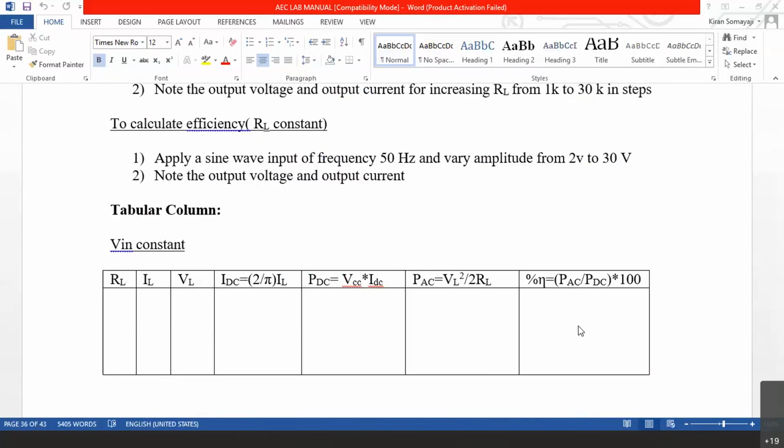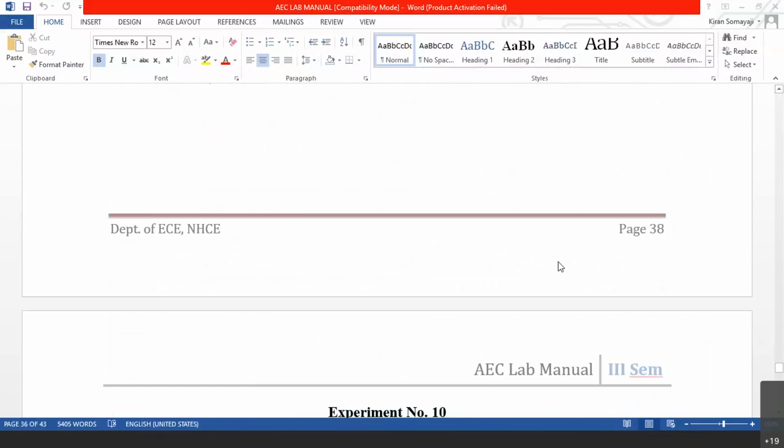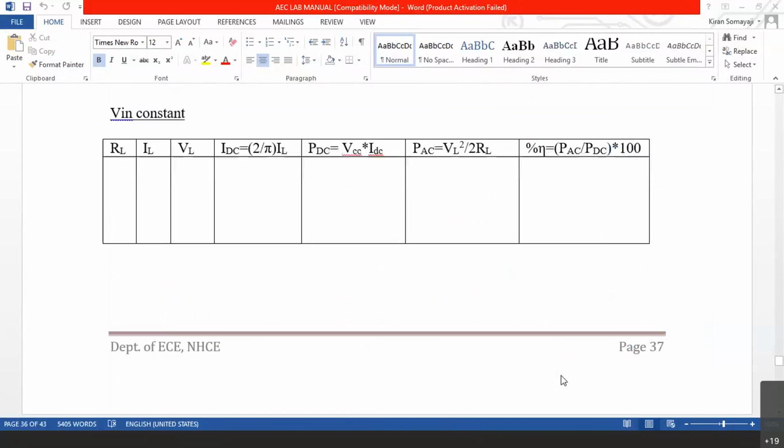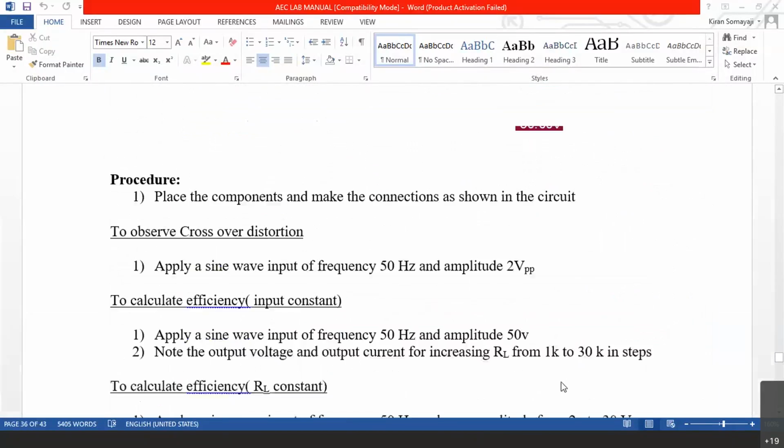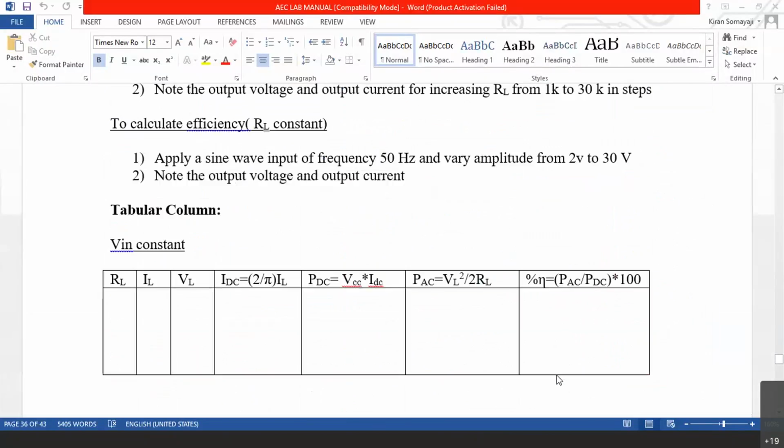It is the same case with class AB amplifier also. You can repeat the same experiment for that. Now with that, I have come to the end of today's experiment. If you have any questions, you can ask me.